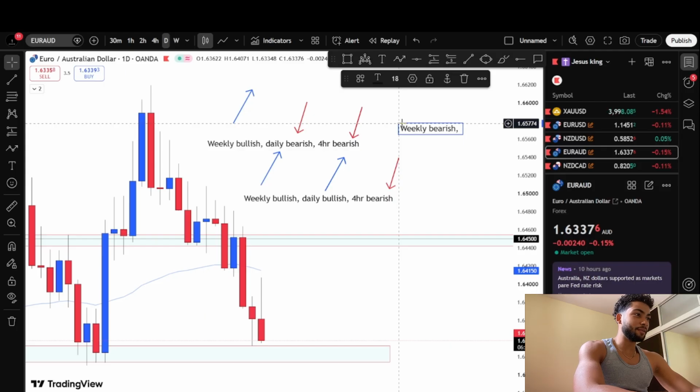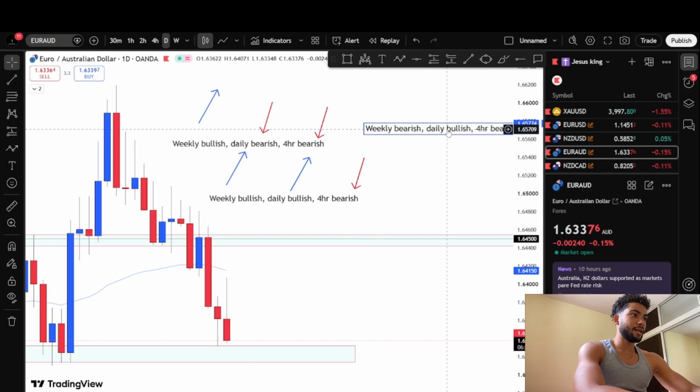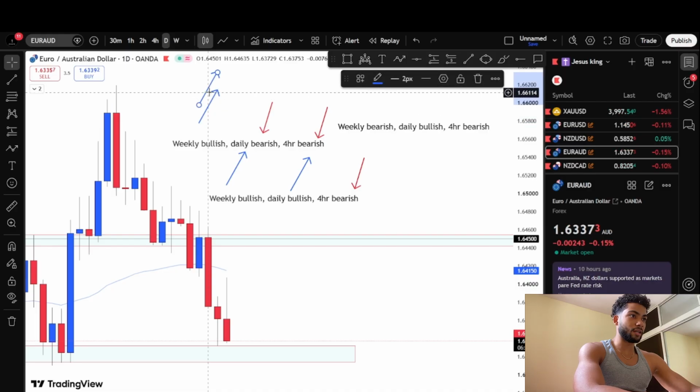So if I have the weekly bearish, the daily bullish, and then the 4 hour bearish, here I would not be interested in taking this trade. Sorry, human error.